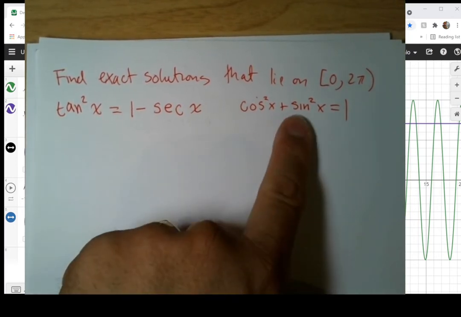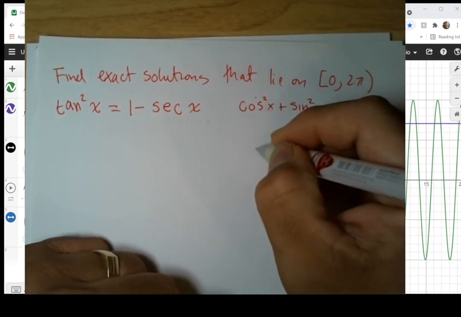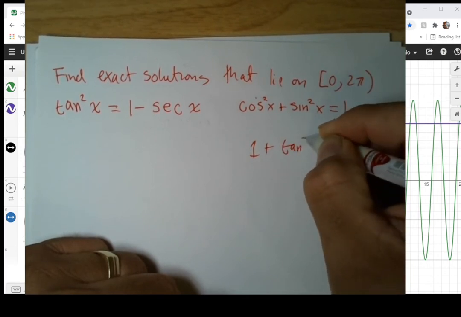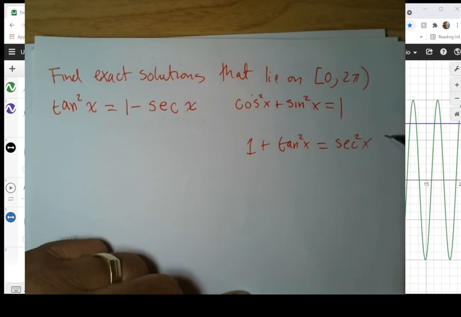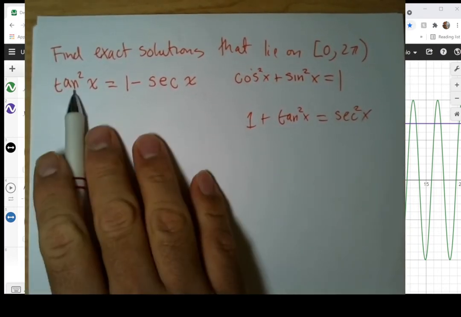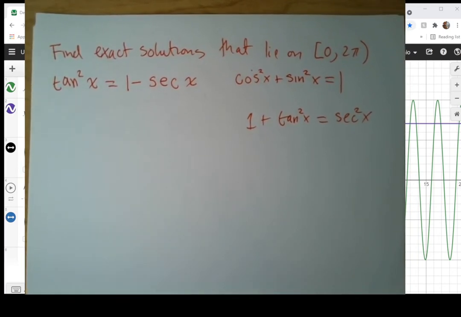And by dividing by the cosine squared of x, I get 1 plus sine squared over cosine squared, which is tangent squared x, equals 1 over cosine squared, which is secant squared of x. Now I like this, because I have a way to rewrite the tangent squared in terms of secant squared, and now I have an equation that's only in secants.